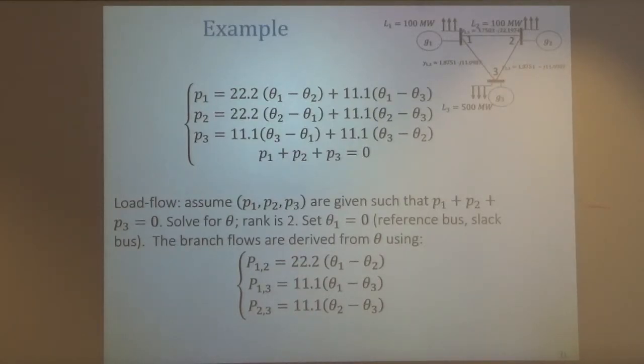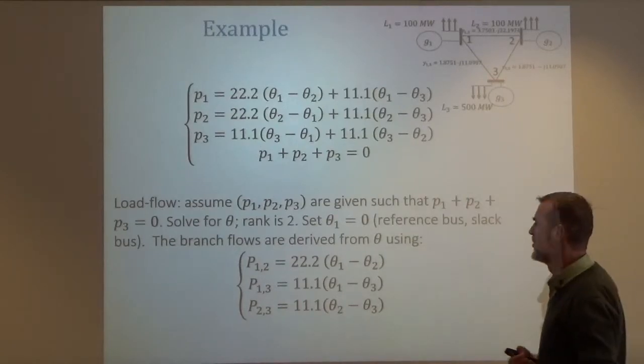And to simplify, to further continue in the optimization problem, we can solve for theta in the set of equations. So if I assume I give you the active power injections P1, P2, P3, I can solve for theta.